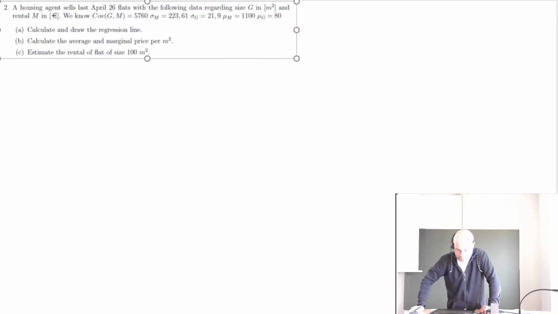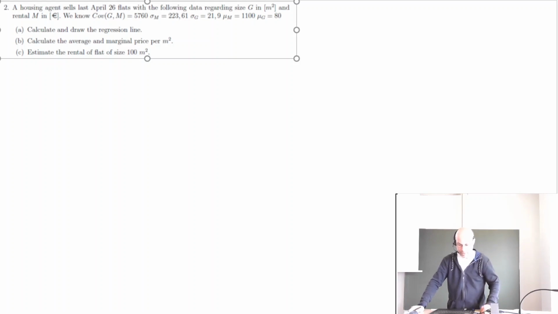A housing agent sells last April 26 flats with the following data regarding size G in square meters and rental M in euros. We know that the covariance is given by 5,760.